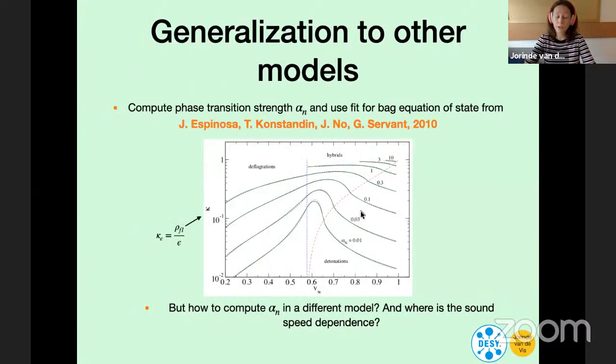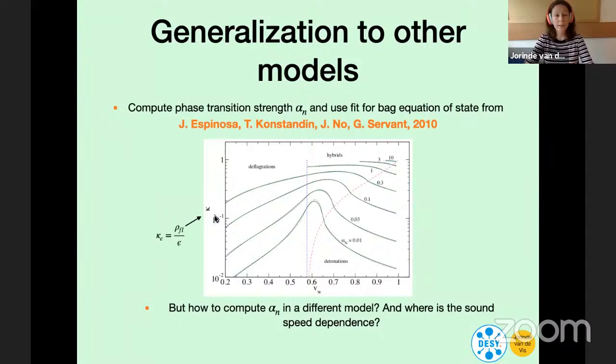So this result has actually been used really a lot in the literature, because other people just took, if they had a different model for their first order phase transition, what they did was just map their model onto this bag equation of state and then compute the kinetic energy fraction from the efficiency factor that came out.